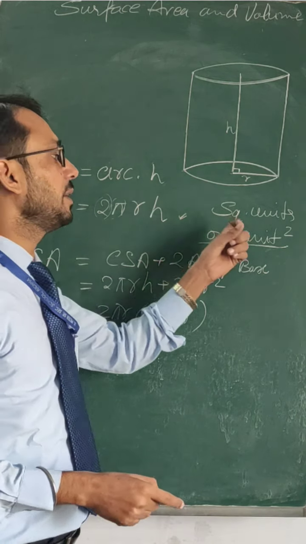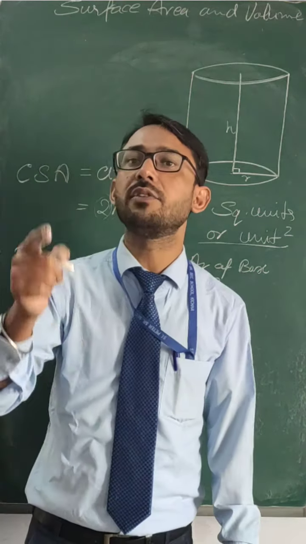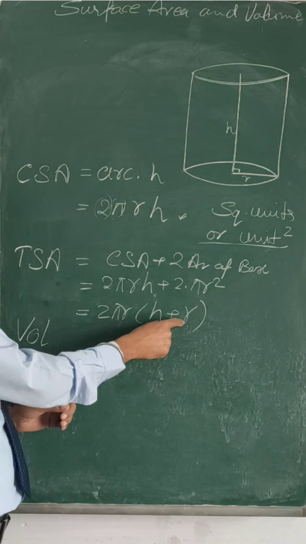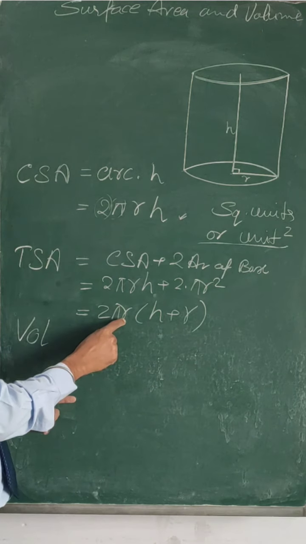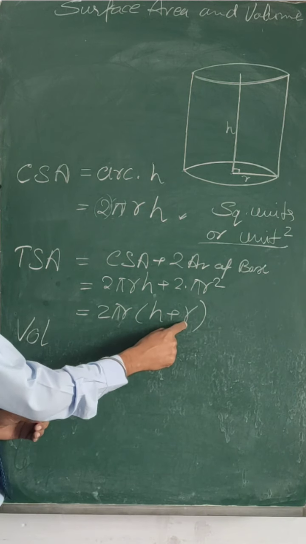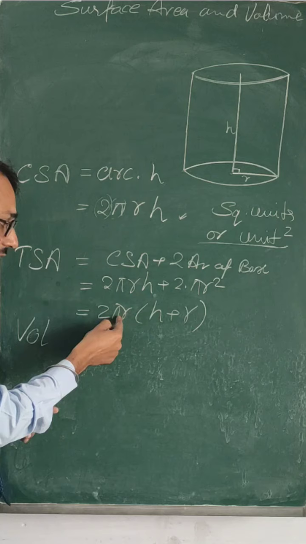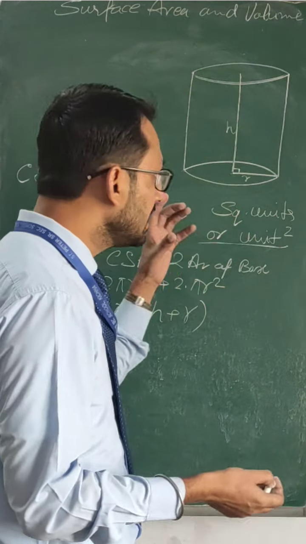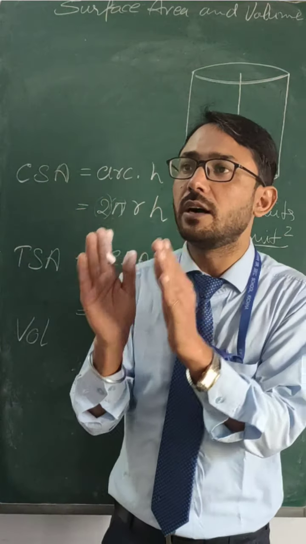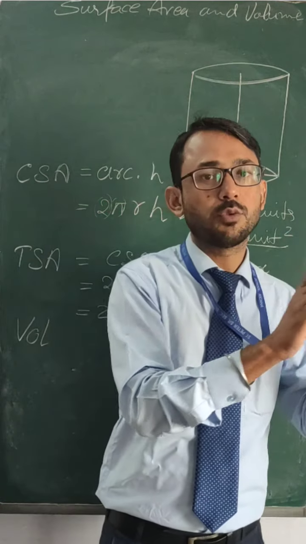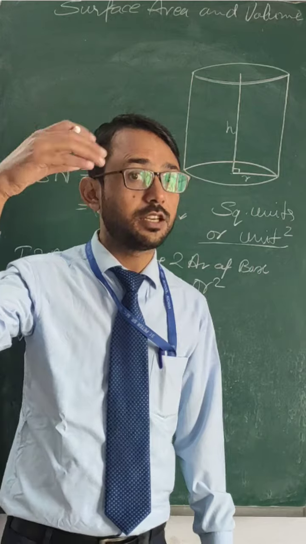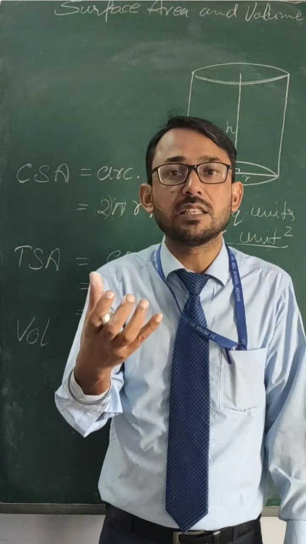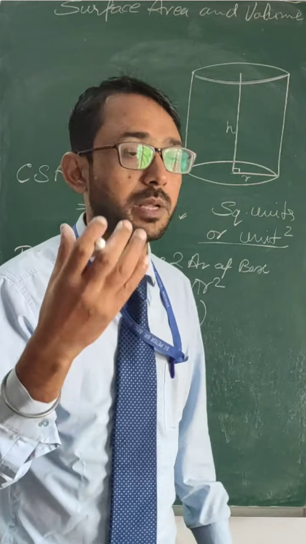Unit into unit will be unit square. Here also, unit plus unit is unit, and unit into unit is unit square, that is, centimeter plus centimeter is centimeter, centimeter into centimeter is centimeter square. The reason why the unit comes as unit square, we need to think logically about it. When we can think through these situations, we will be able to do the problems in the best way.